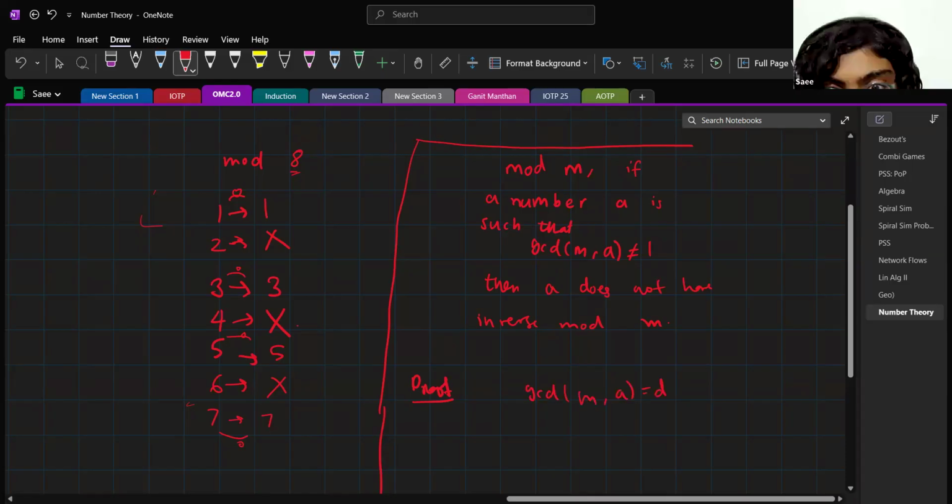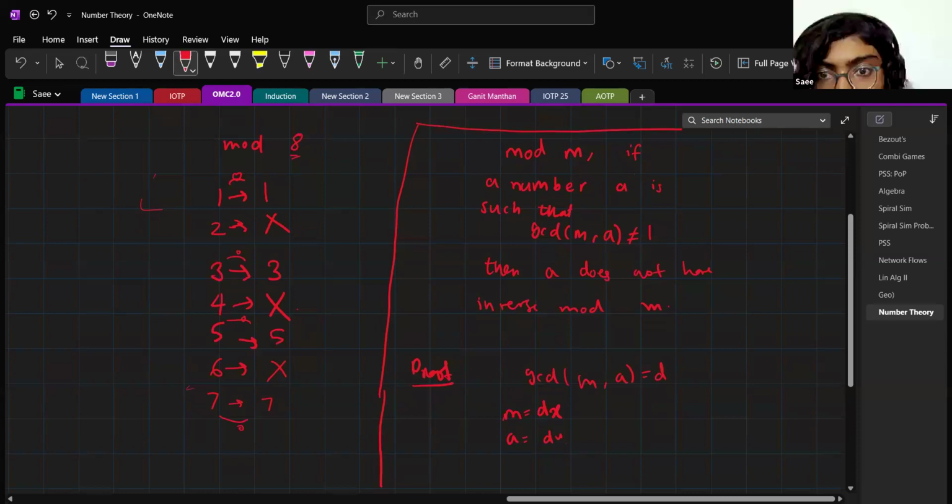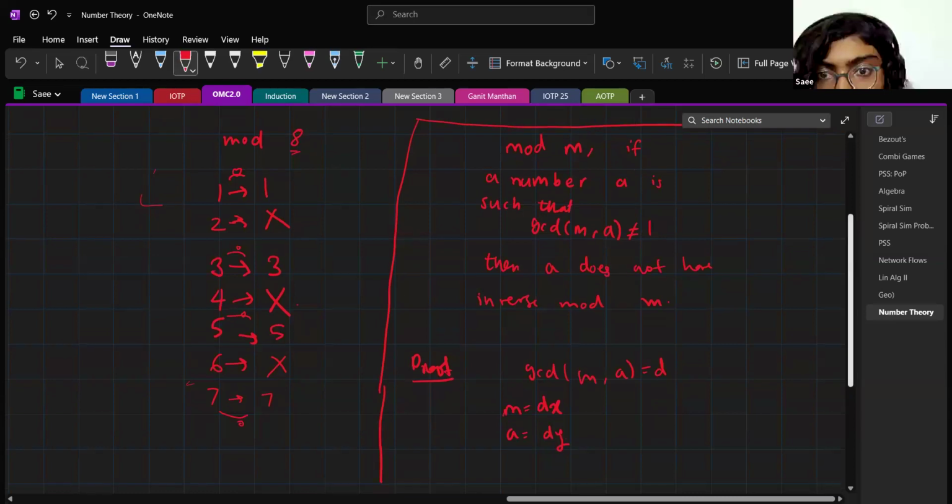So let's say m is equal to d times x, and a is equal to d times y. What do we mean when we want to find an inverse of a mod m? We want to find, let's call it a inverse, which when multiplied by a gives us 1 mod m.